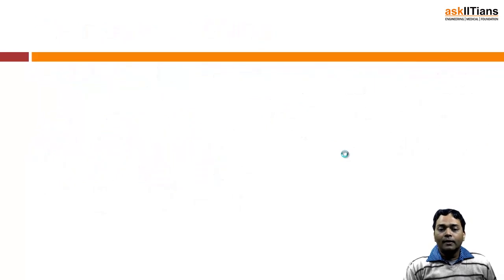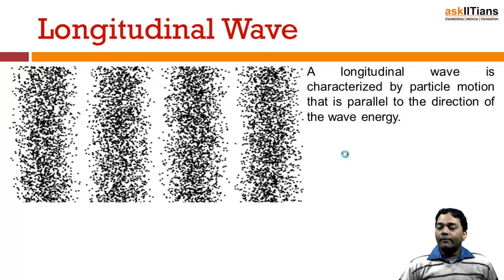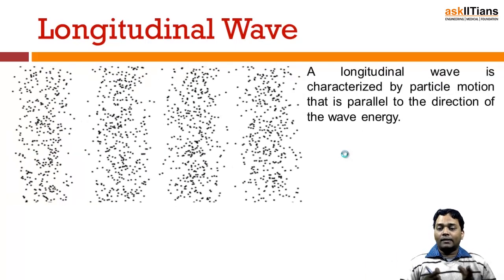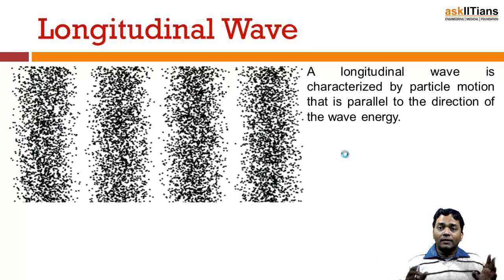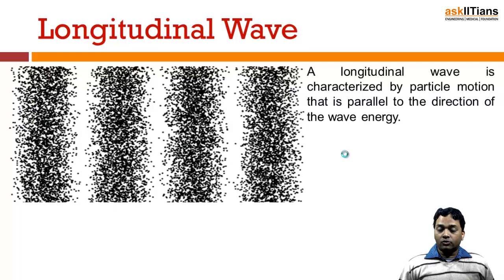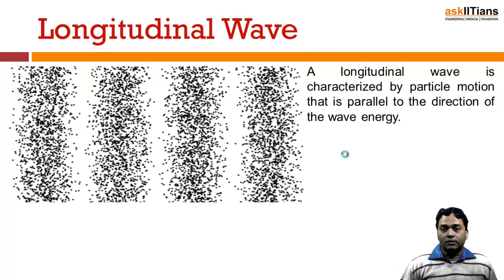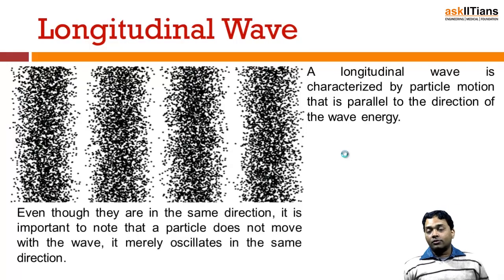Now moving on, let's talk about the case of a longitudinal wave. A longitudinal wave is characterized by particle motion that is parallel to the direction of the wave energy. Here the particles are moving along the same direction as they are oscillating. So there is a transfer of energy taking place along the same direction as its oscillation. So this is what is meant by a longitudinal wave, to be precise.